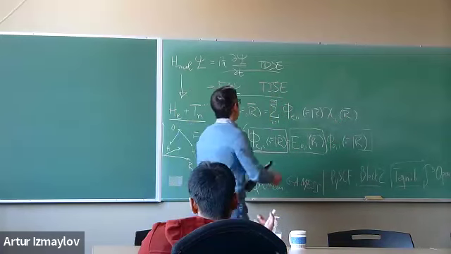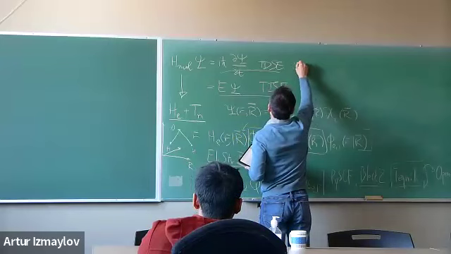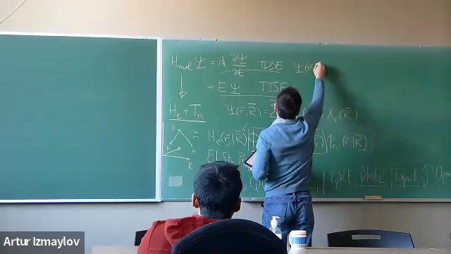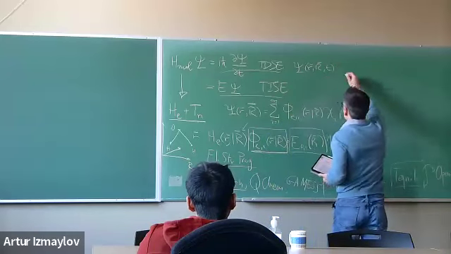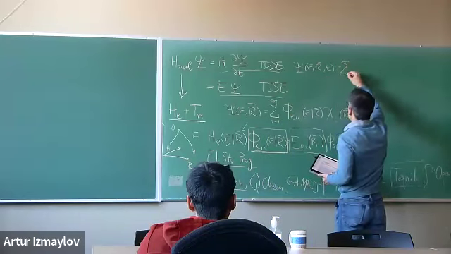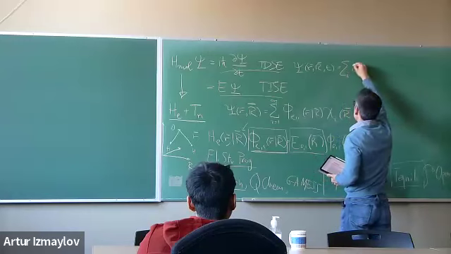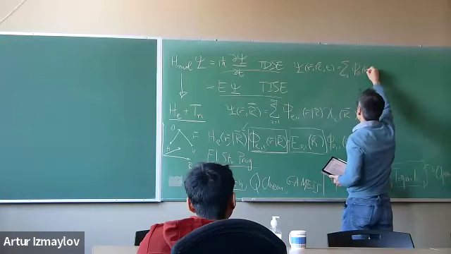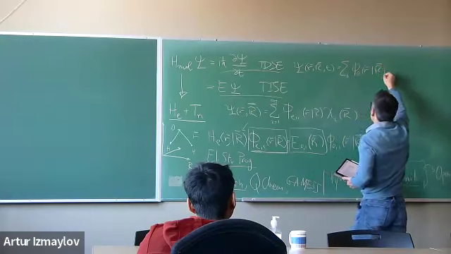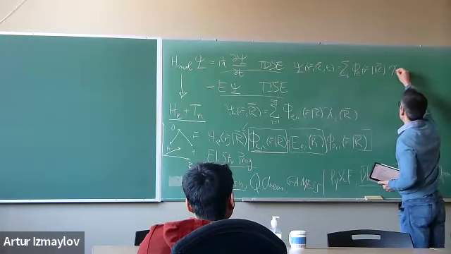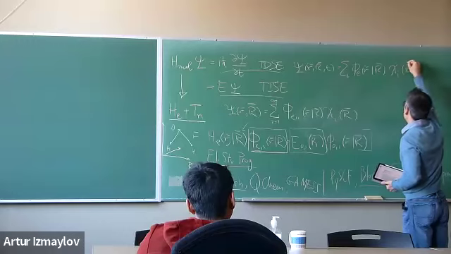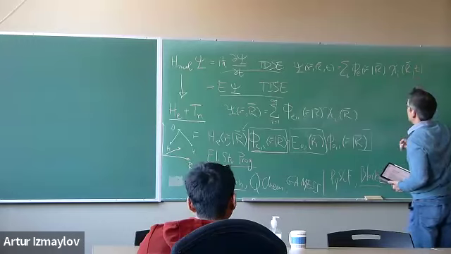And then for the time-dependent case, the wave function is also a function of time, and it still can be written as a linear combination of the same functions. These guys are always time independent, and then these guys are nuclear dependent and time dependent.